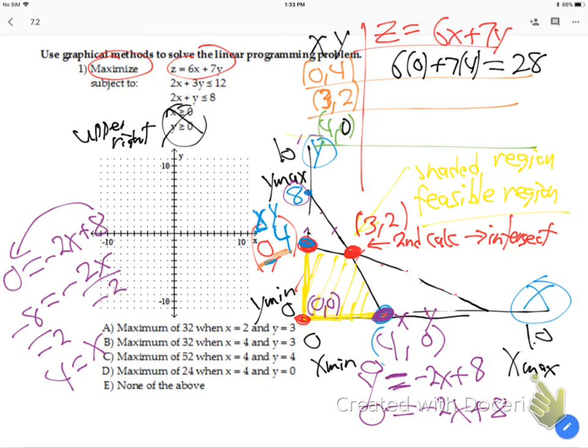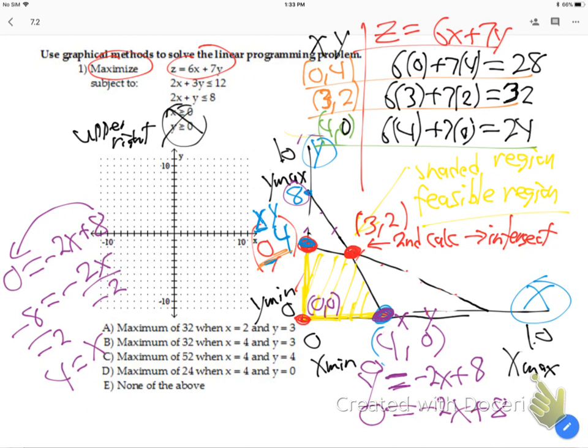That'd be 28. Choose your calculator. 6 times 3 plus 7 times 2. Is that 18 and 14? 28, 30, is it 32? 32. And this one is 6 times 4 plus 7 times 0. What's that? 24. Who's the winner? Who's the biggest? It said max. Max.